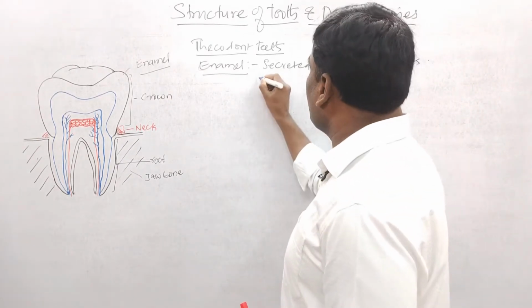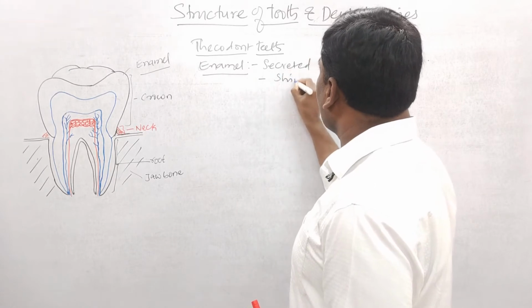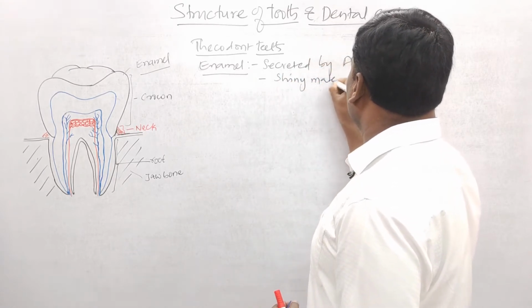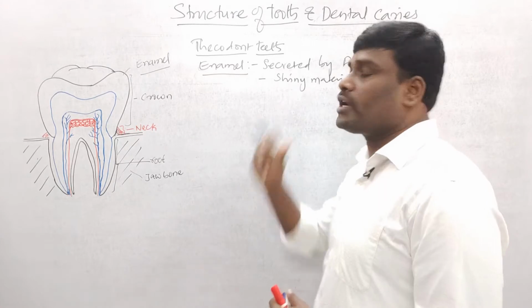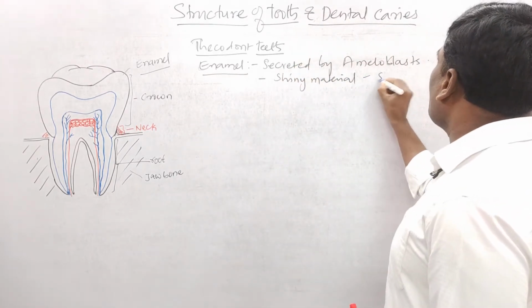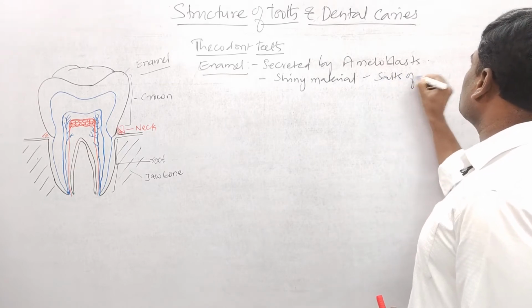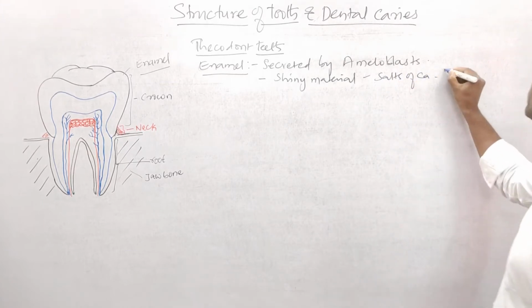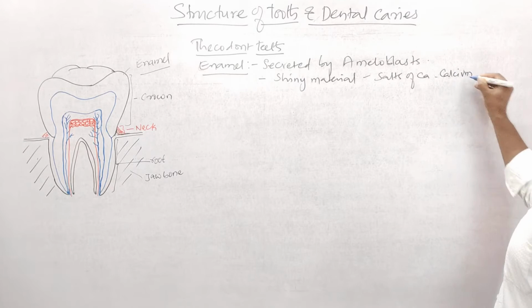And this enamel is a shiny material. It is a bright and shining material, which is made up of salts of calcium, that is calcium phosphates.